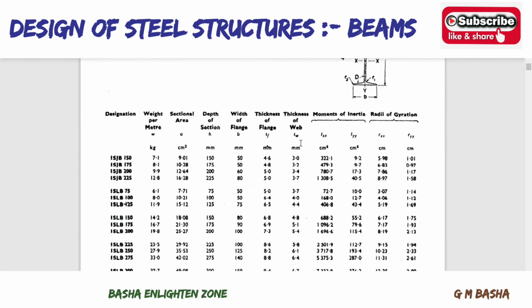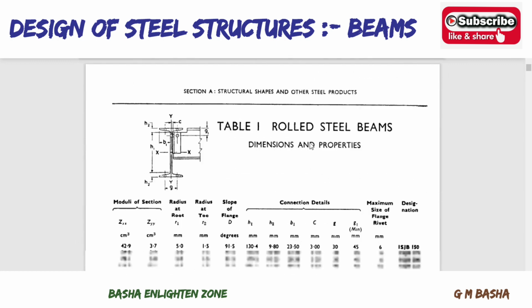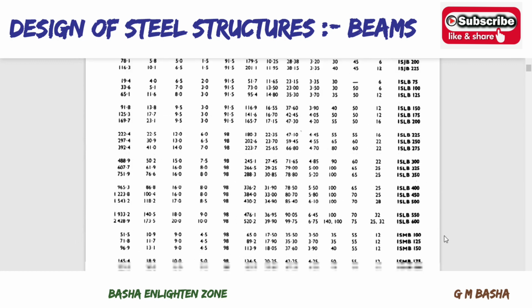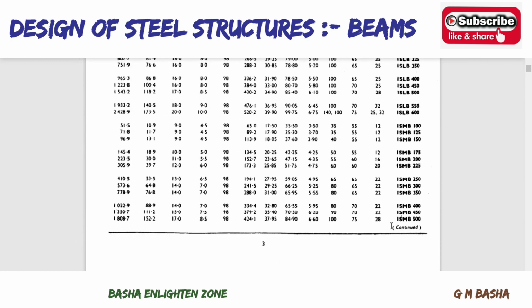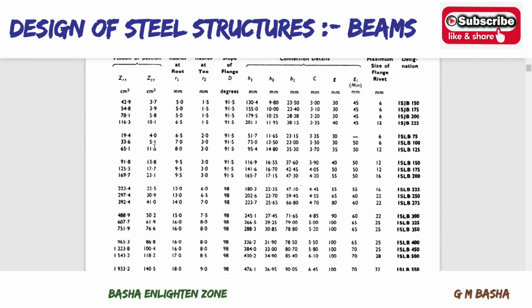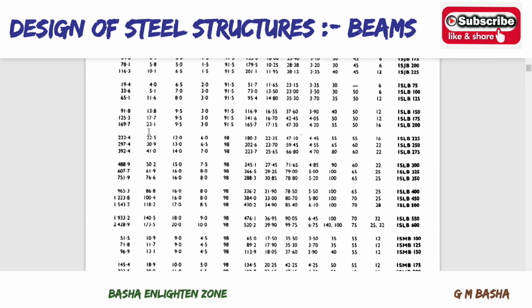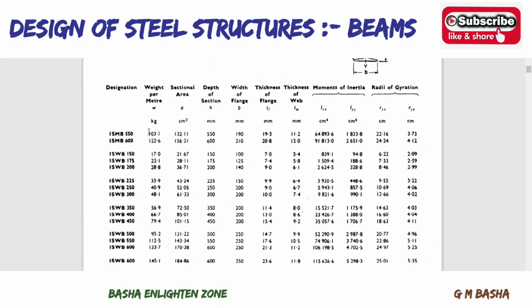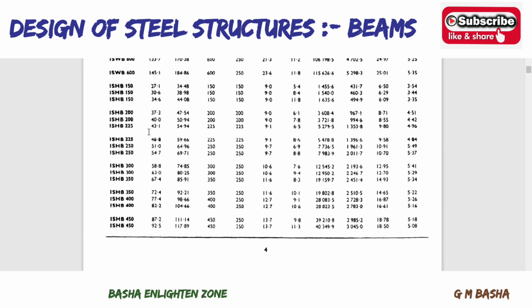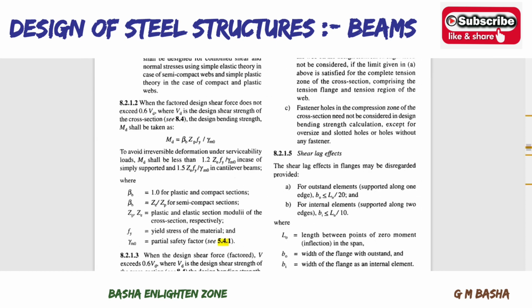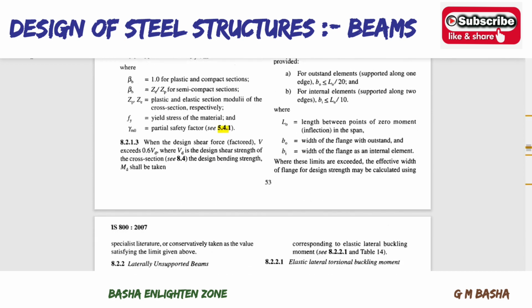ZP is given here for ISMB 400. In the steel tables also, around page number 138. So I am checking there.